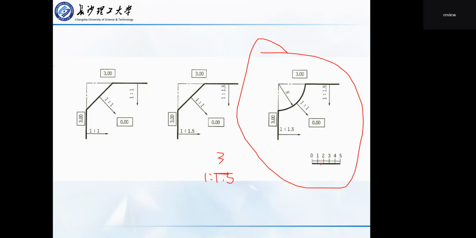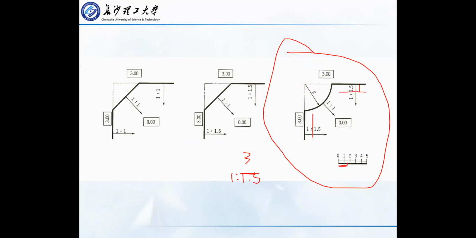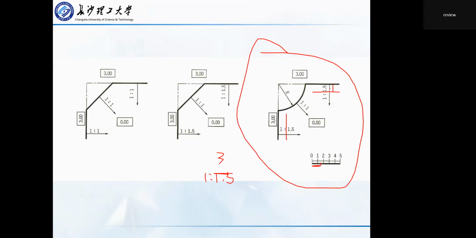You find the distance like this one, and draw a line like this. This distance is 1.5, and this elevation is 3, so this one is 2. Also, we need to draw a circular curve.